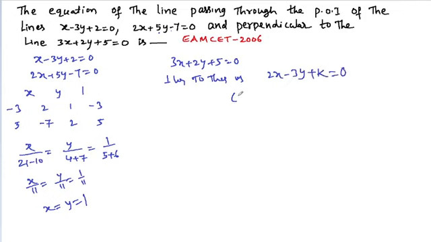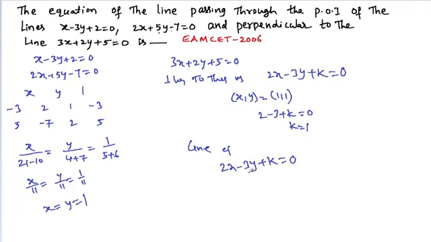This line passes through x comma y, that is 1 comma 1, so substituting this point in this line, 2 minus 3 plus k is equal to 0, k is equal to 1. Therefore the required line is 2x minus 3y plus k is equal to 0. So the k value is 1, that is 2x minus 3y plus 1 is equal to 0. That is the answer.